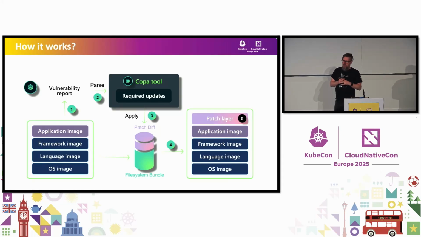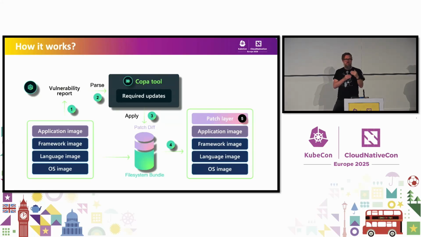So what typically would happen here is that you would generate a vulnerability report using Trivy, using Grype. Then you would pass that into Copa. So number two, Copa would parse that, identify all the vulnerabilities, and then take those things and look for new packages that are available. Then using Buildkit under the covers, it's going to generate a new file system layer using the old image layers together.